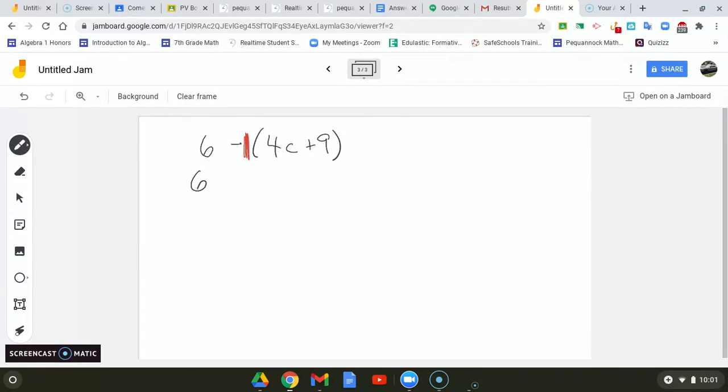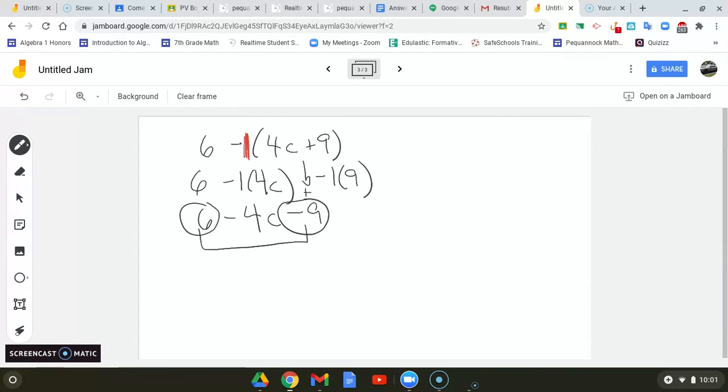So our 6 is going to stay here. And then we have negative 1 times 4c. And again, if we bring down this sign, then we have negative 1 times 9. So we're going to have 6 minus 4c minus 9. And then we would combine our like terms and end up with a negative 3 minus 4c.